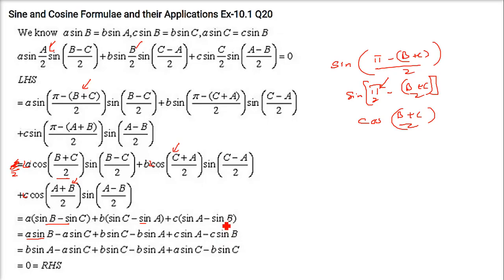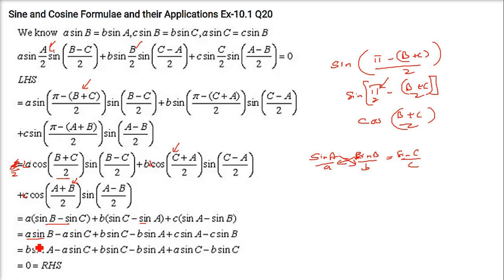Now see, as I told you in one of the discussions, sin a by a is equal to k, and sin a by a equals sin b by b, and this is sin c by c. So in place of a sin b, I can write b sin a.